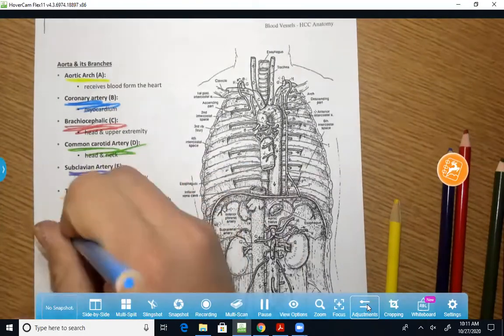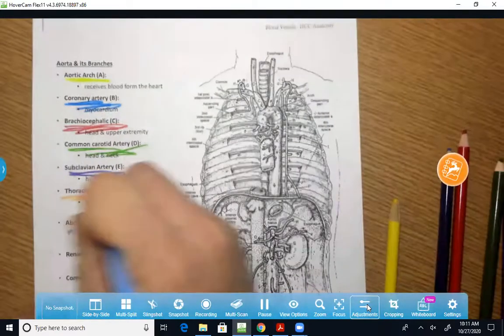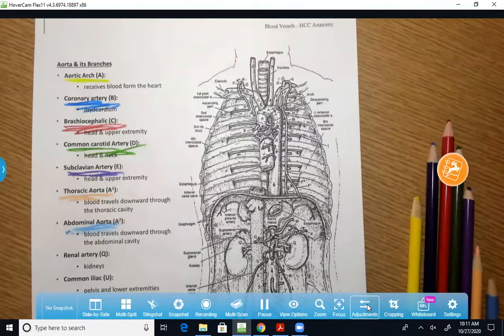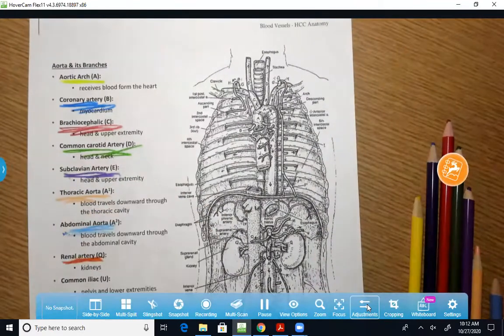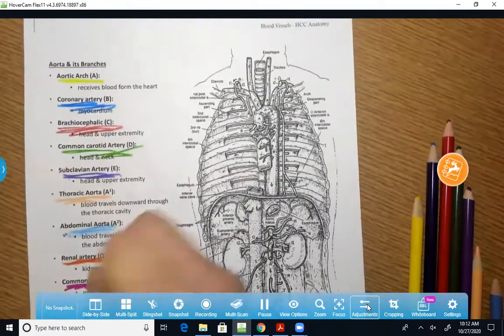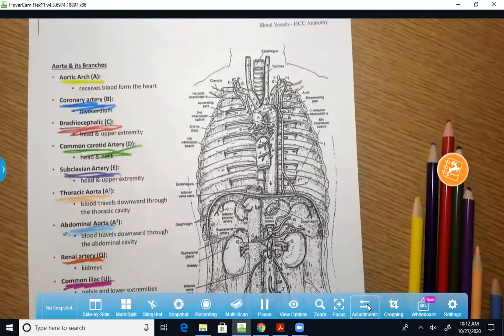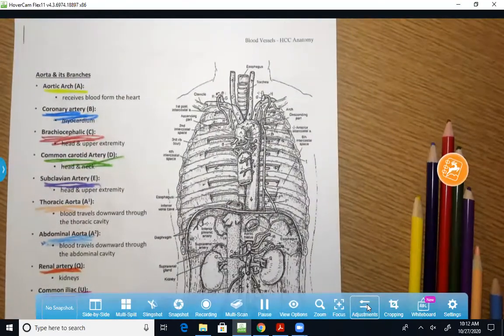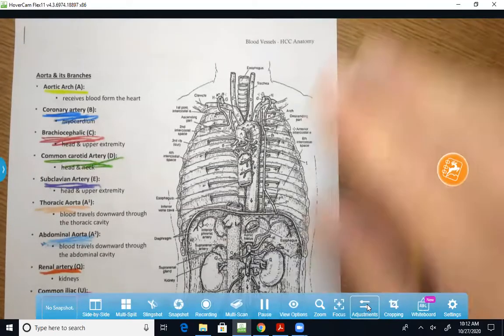Let's do baby blue for the abdominal aorta. Orange for your renal arteries, and pink for your common iliac. Okay, and if I get going too fast or you get lost, don't hesitate to slow me down.